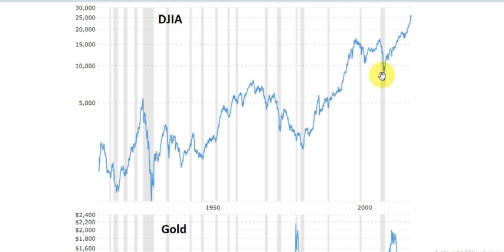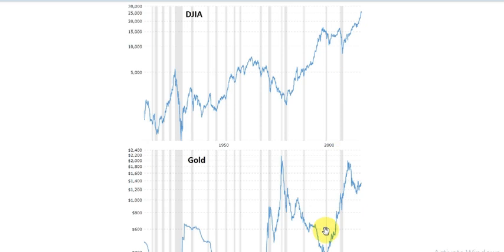If I just connect these two dots, the top of the dot-com bubble with the bottom of the global financial crisis, that sort of gives me this 1.5 decade during which Dow Jones lost about 50% of its value. Although there is a lot of volatility, actually Dow Jones recovered all of the losses after the dot-com bubble. In any case, sometime during this period, Dow Jones lost nearly 50% of its value.